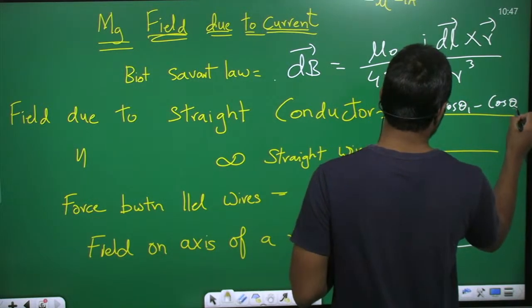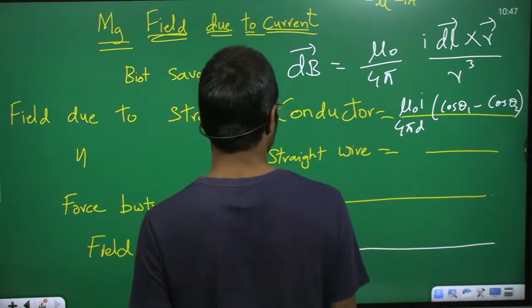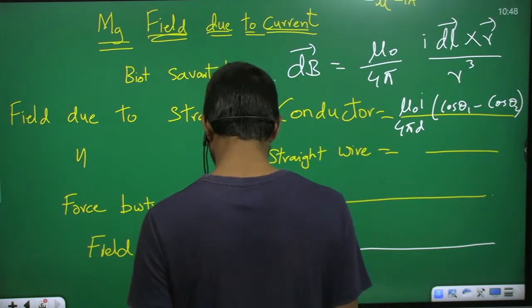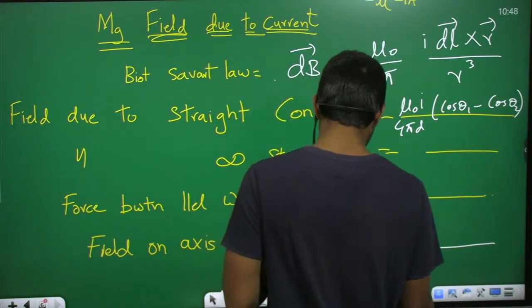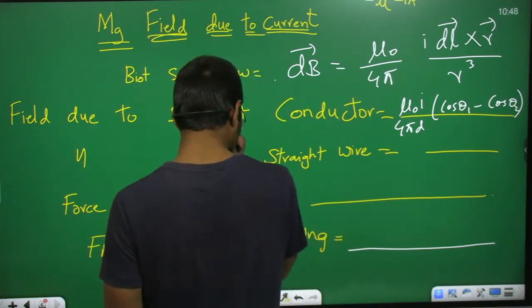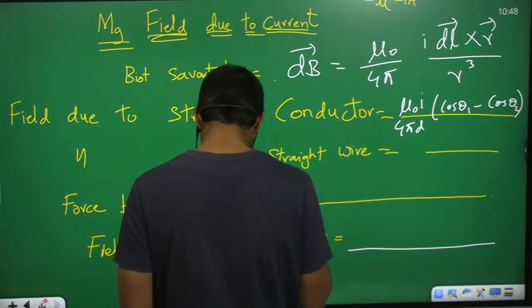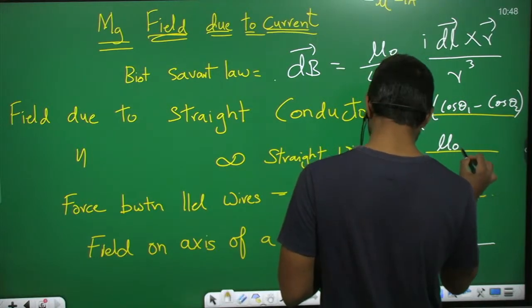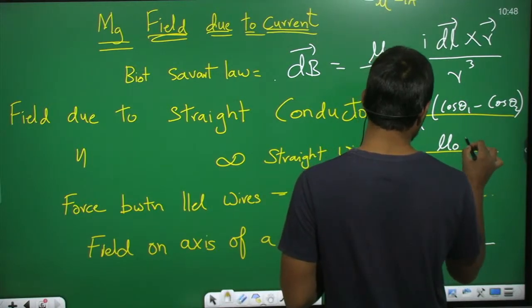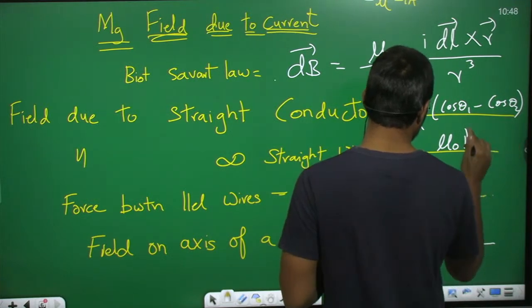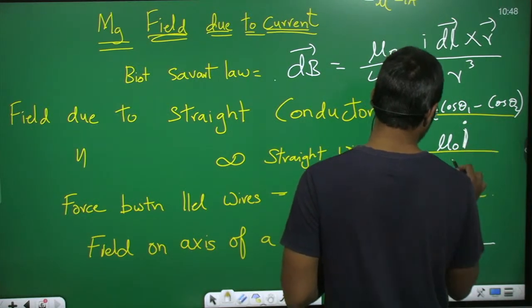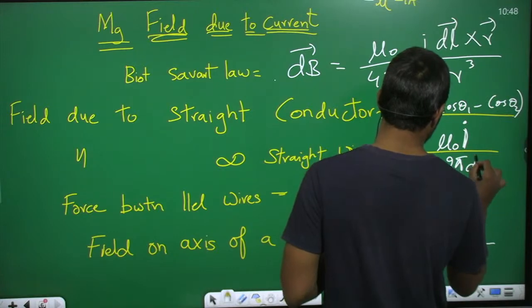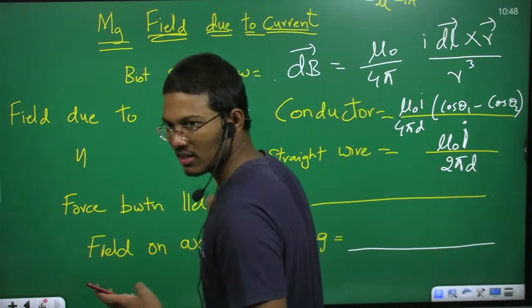Hope you are aware of this cos theta 1 and cos theta 2. So what is the field due to an infinite straight wire? Mu naught I by 2 pi d. Okay, you can write it in the other way as well.